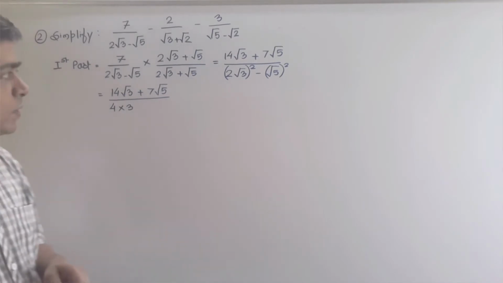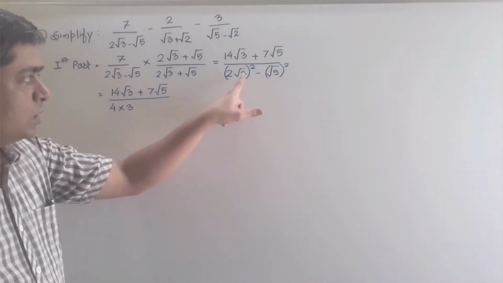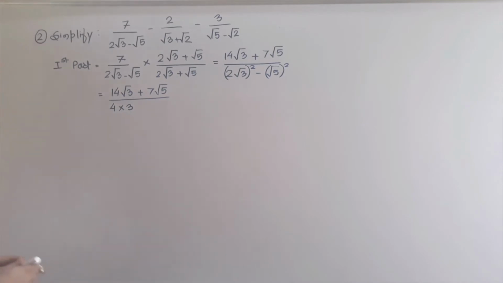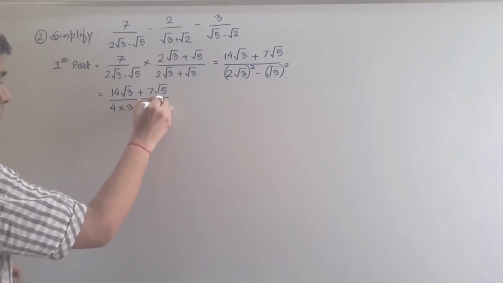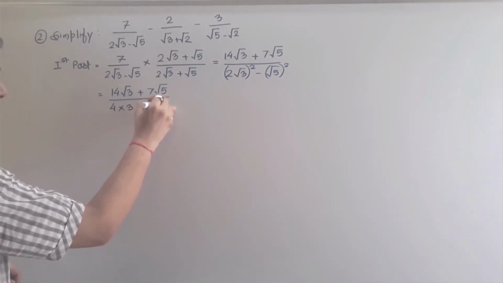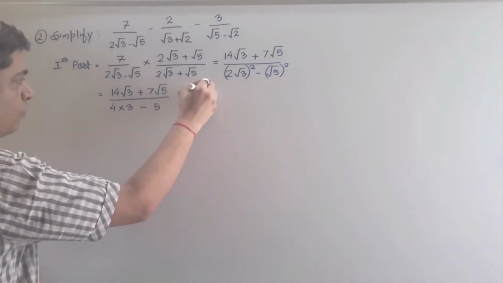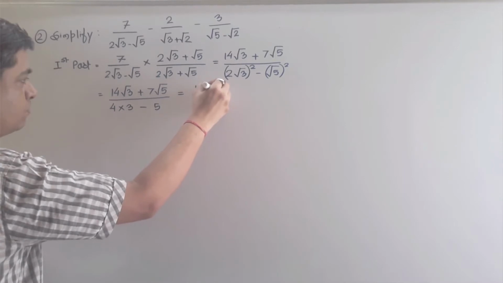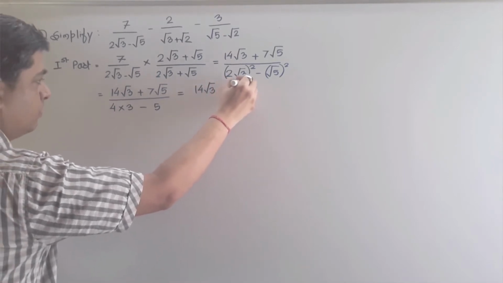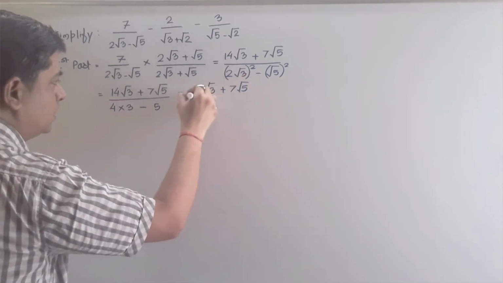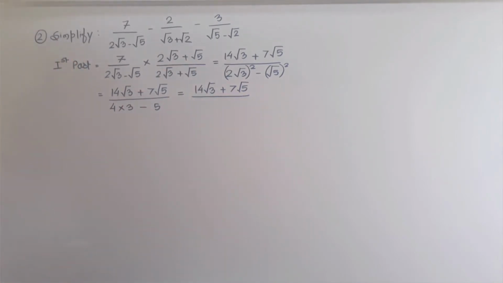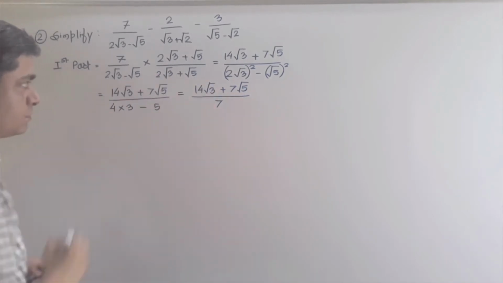Because while I am squaring the root of 3, square and square root got cancelled. Same way, the square of root of 5 will become 5. So what will be the final value? 14 under root of 3 plus 7 under root of 5 upon, now see here, what is remaining? 4 into 3, 12, and 12 minus 5 will become 7, right?